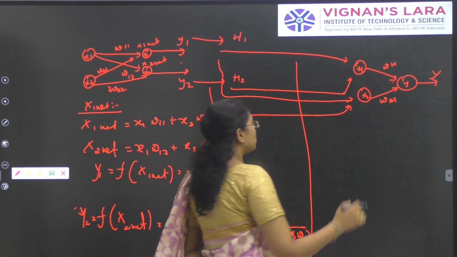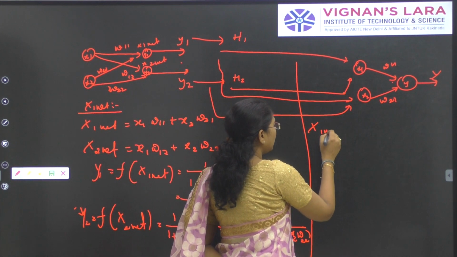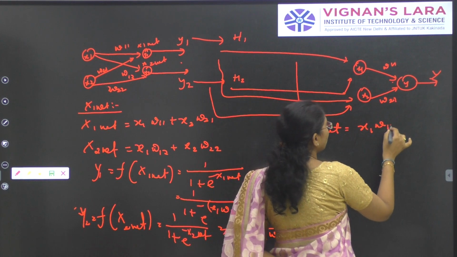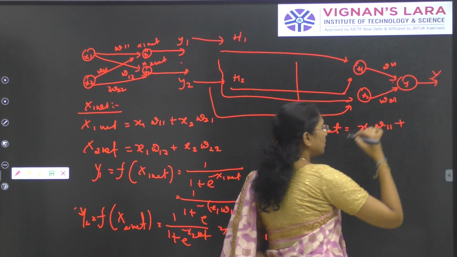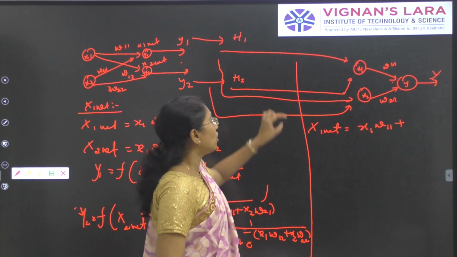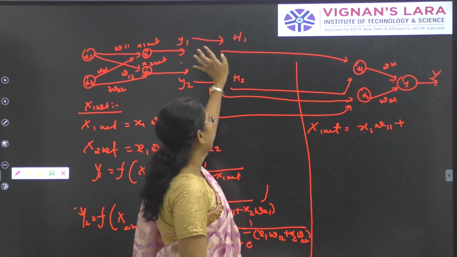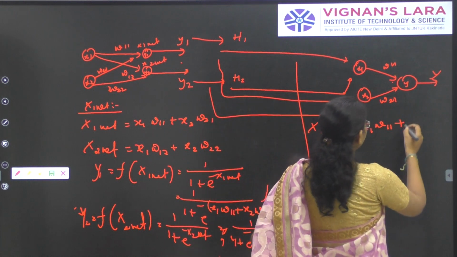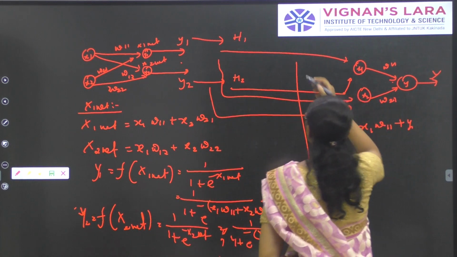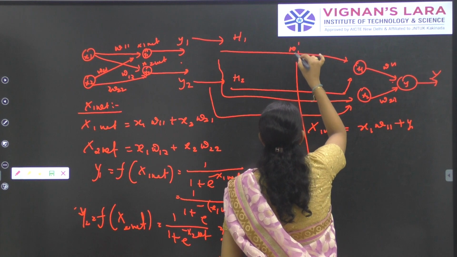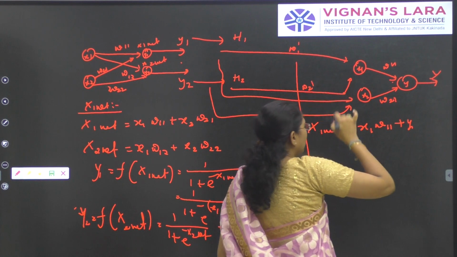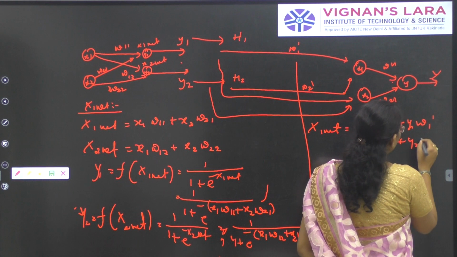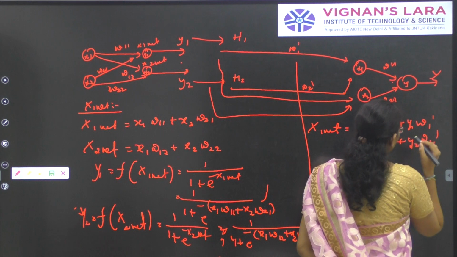Now you need to find x1 net of this neural network, which has a weighted input of x1 w11 plus, in addition to that, two values y1 and y2 as inputs to the neural network. Let the weights be w1 dash and w2 dash. y1 into w1 dash plus y2 into w2 dash.